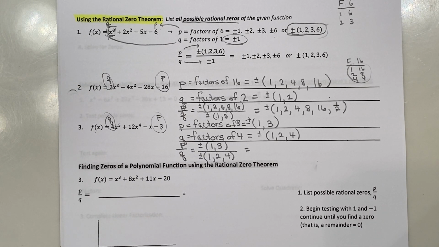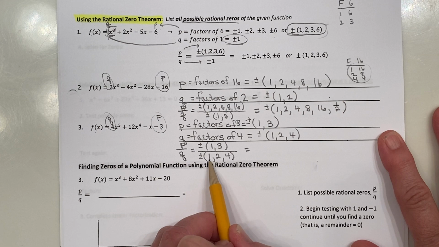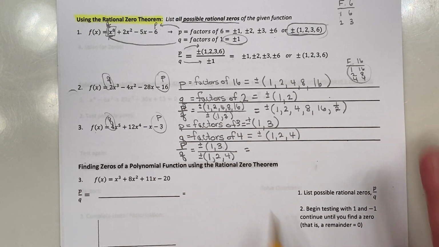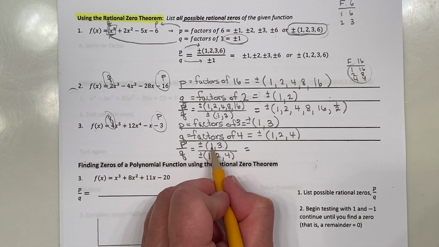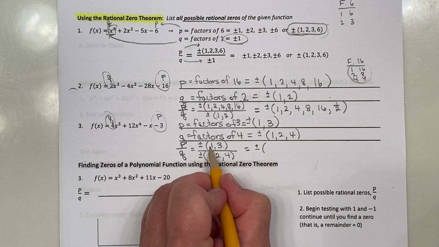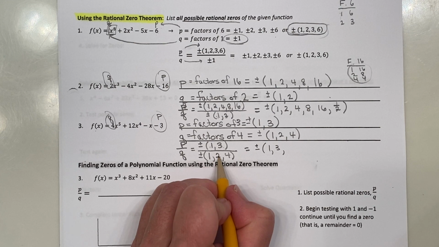Okay, so now again, we have to take all P's and divide it by 1, then take all the P values and divide it by 2, and then take each of the P values, excuse me, and divide by 4. So I'll start with putting 1 over 1 and 3 over 1. Well, that's just going to be 1 and 3. Now I'm going to take 1 and 3 and put them over 2.